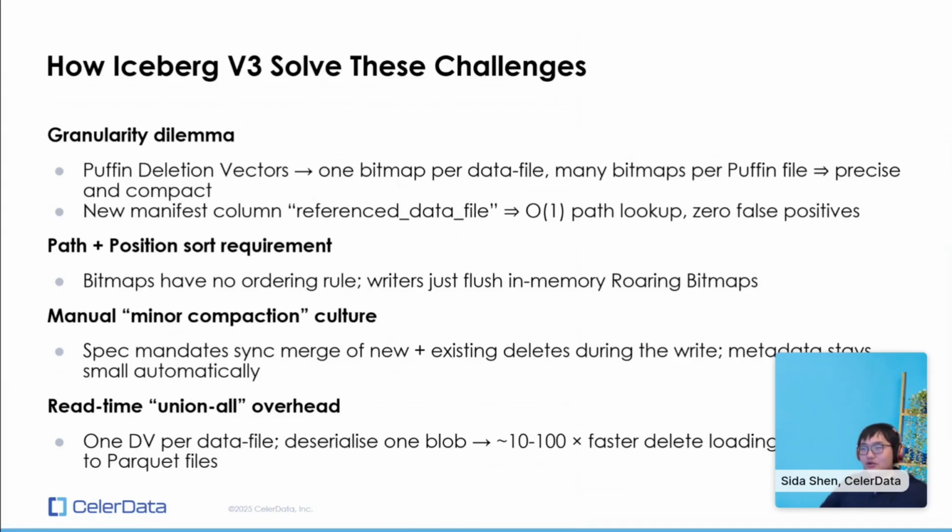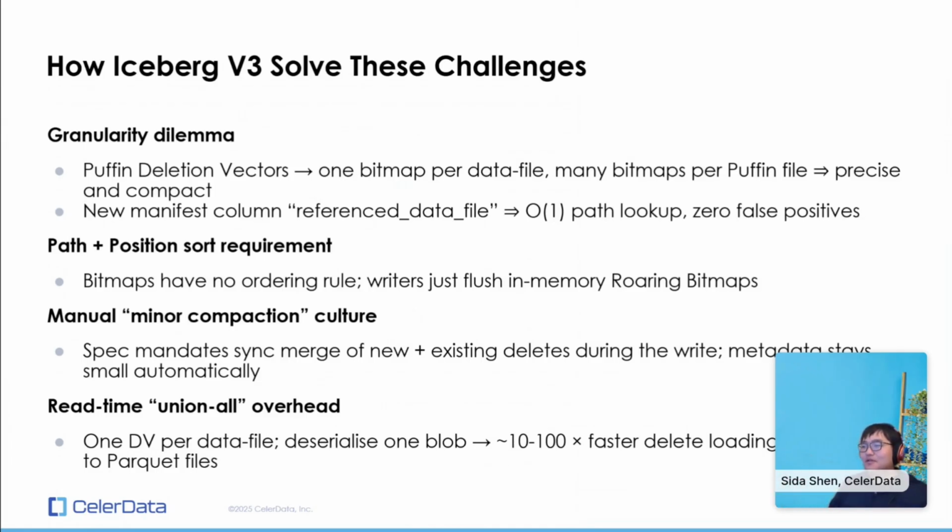So the writer just flushes all of the rolling bitmaps that are in memory, and calls it a day. It's going to work. And bitmaps are a lot cheaper to maintain. Updating a bitmap blob is a lot cheaper than, let's say, rewriting a whole Parquet file.